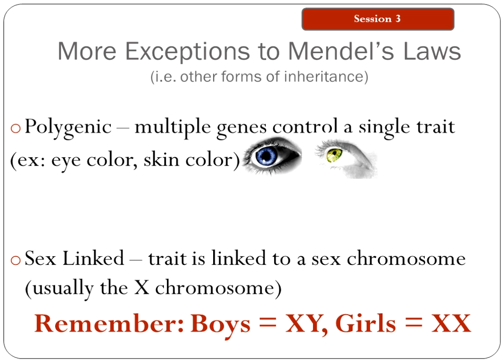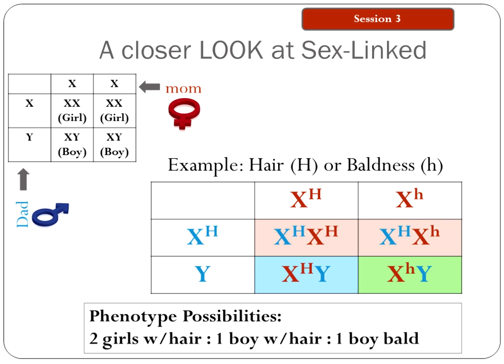And a lot of times when we are talking about a sex-linked trait, we're talking about something that is linked to the X chromosome, which means that it's inherited with the X. So girls will be able to get 2 X's, so they can sometimes hide a trait that's on the X. Whereas boys, since they only get one X, if they have that particular trait, then they're going to always show it because their Y won't do anything because it's completely different. So we're going to look a little bit closer at these sex-linked traits, okay?